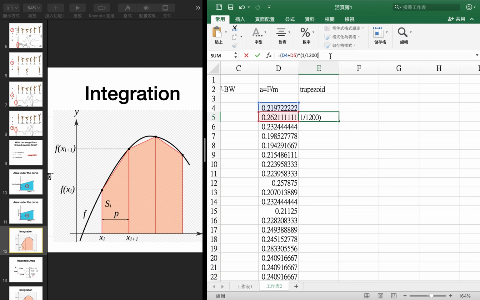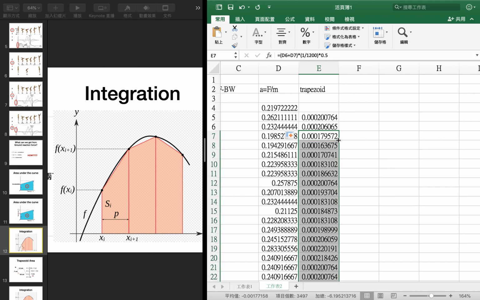And then I want to divide by 2, but it's easier to multiply by 0.5. Enter. You get a trapezoid area here. And then when I drag it down one block, that'll be the trapezoid area for the second 2 consecutive points. Then I drag it down again. This value will be the trapezoid area here. Okay, then we have a trapezoid area for everyone. Now it works.